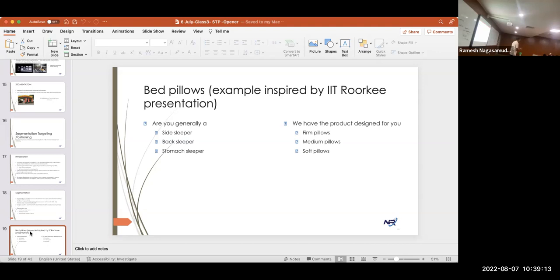Too much choice. Like, what is the symbol for Baskin Robbins? 31. What does 31 mean? They have 31 flavors. So you walk into the shop because Baskin Robbins gives you 31 flavors. But Baskin Robbins also knows that you will only select among five.